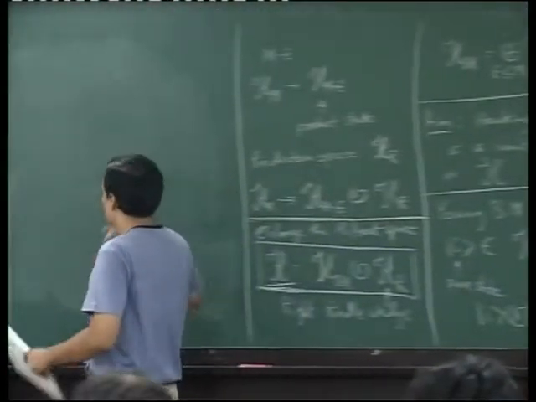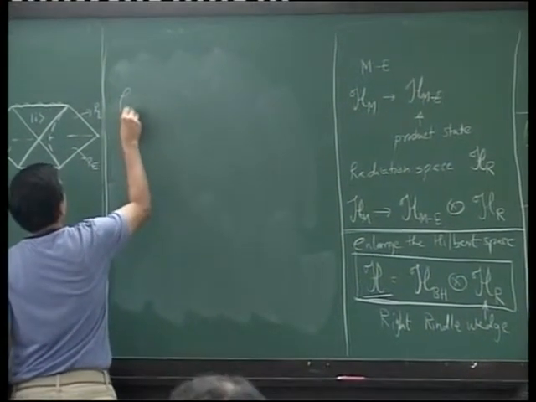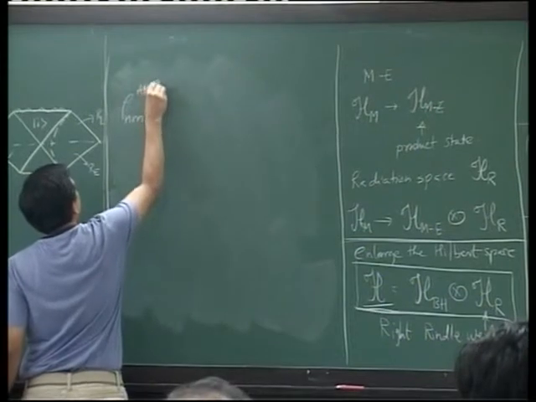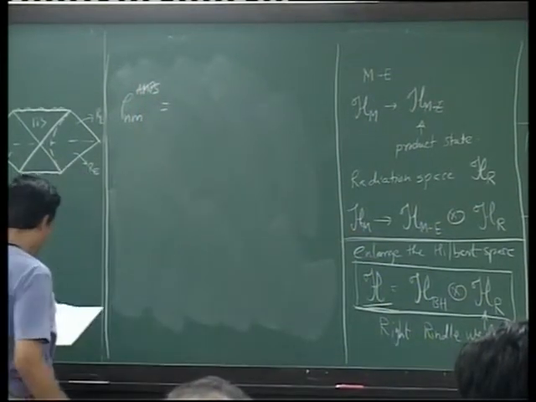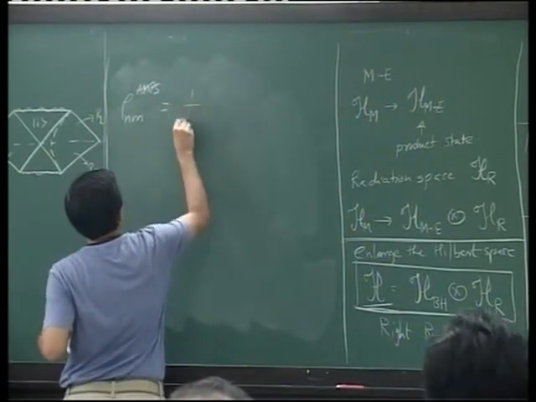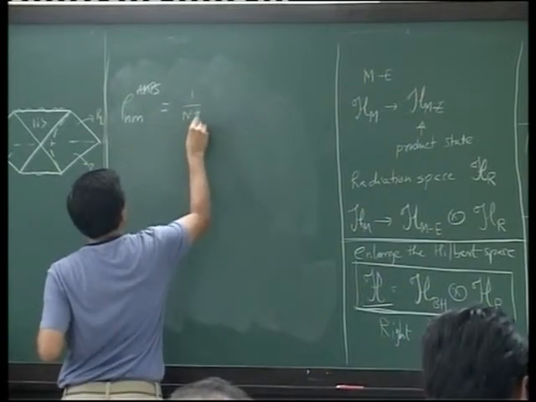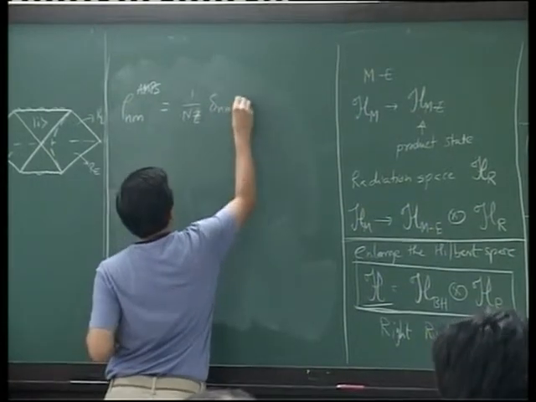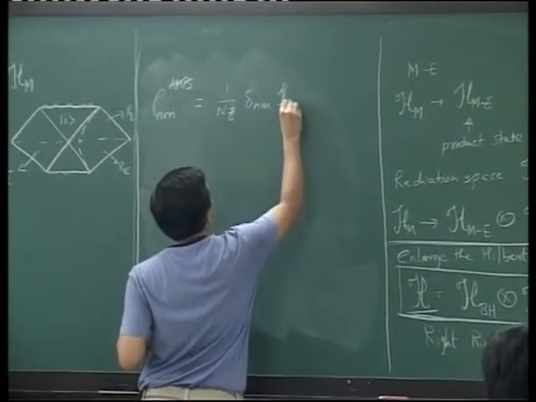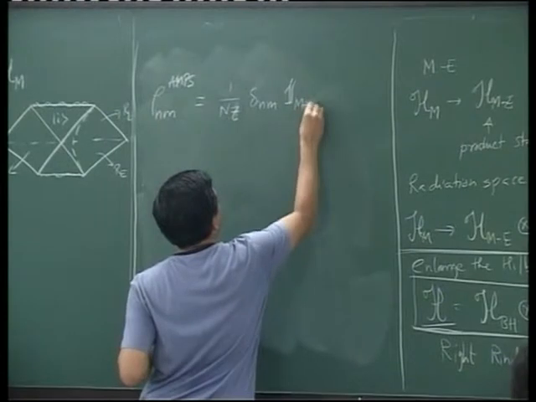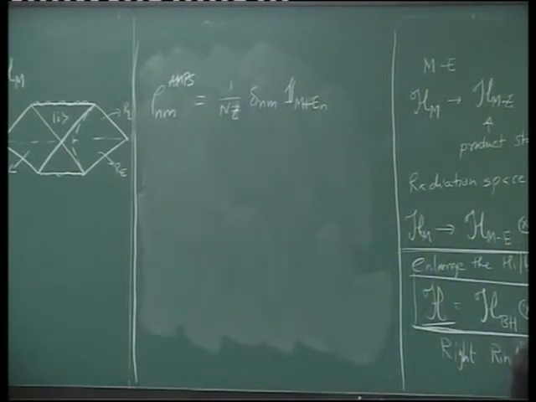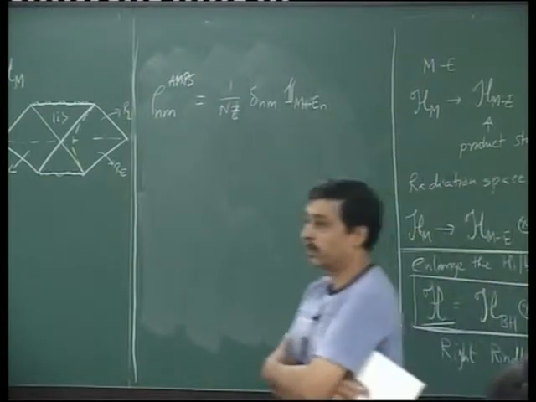So let me call it AMPS. Their claim is that rho nm is going to look like 1 over nZ times delta nm times the identity of m minus em. This is really putting it in with maximum contrast.